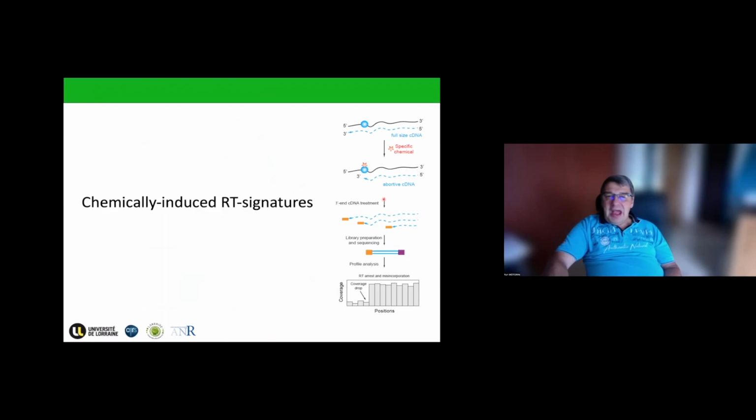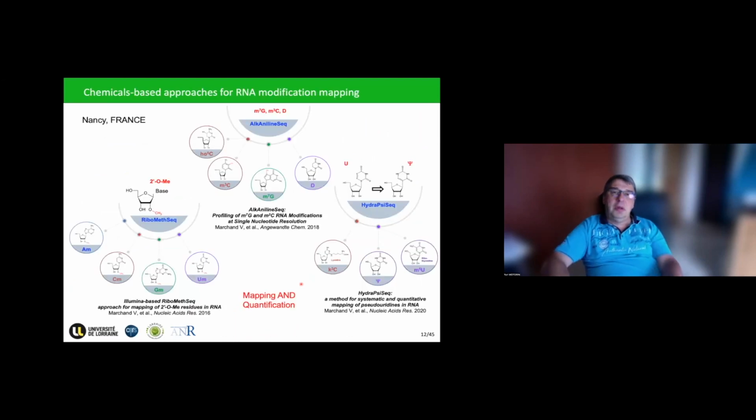So in terms of chemically induced RT signatures, like illustrated here, we have been developing and applying quite intensively 3 major methods. RiboMeth-seq, which allows detection of 2' methylation, and of course a lot of projects are asking for detection and specifically quantification of 2' methylations in different diseases like cancer and others.